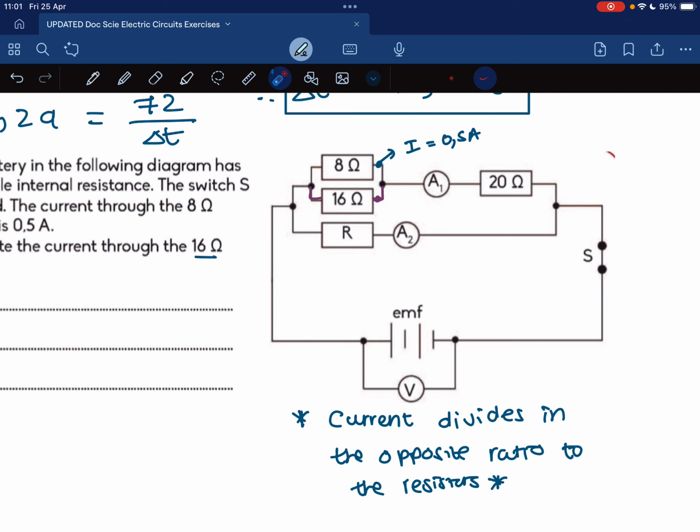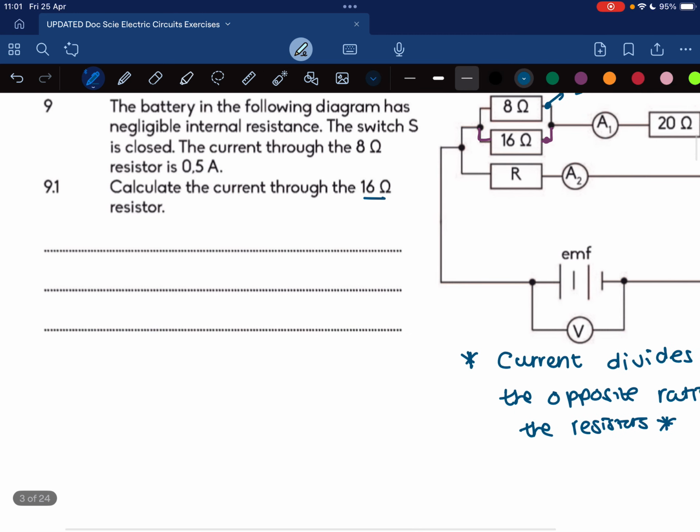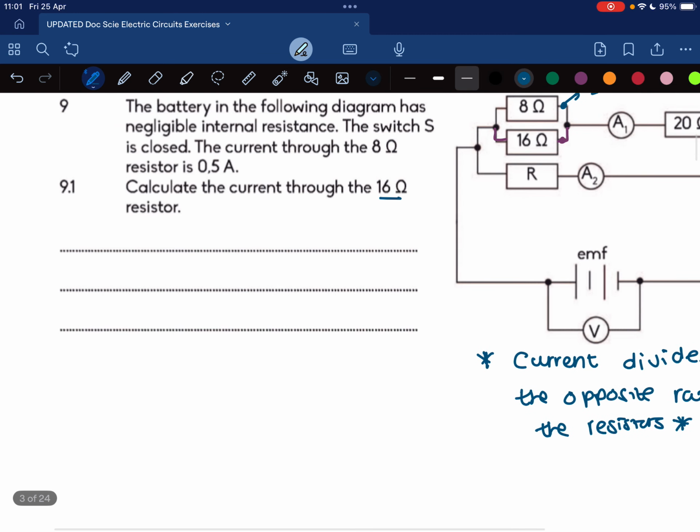Okay, so if it's going to divide in the opposite ratio, if I think about the ratio 8 is to 16, sorry, you will have 1 is to 2 because you would divide both sides by 8.